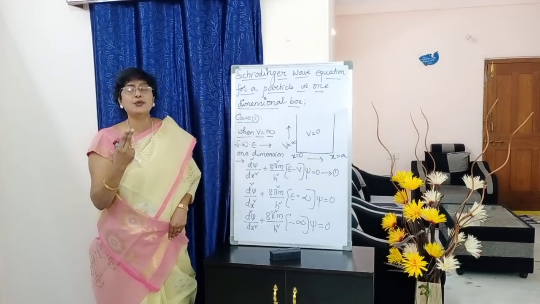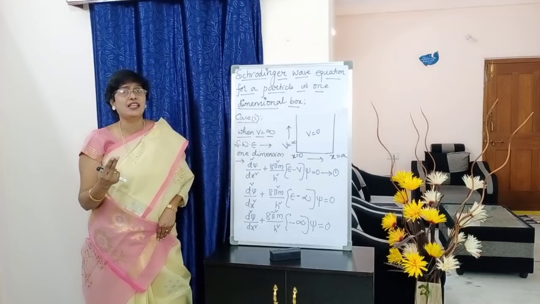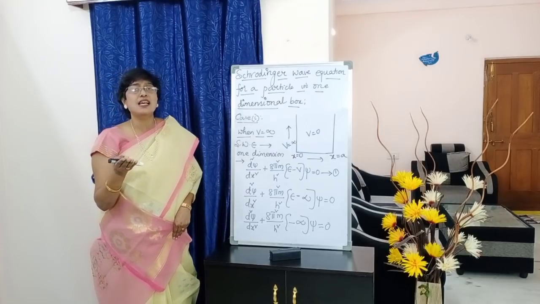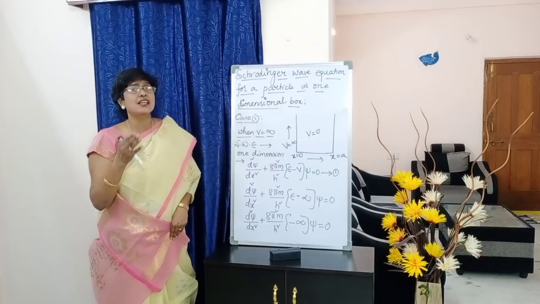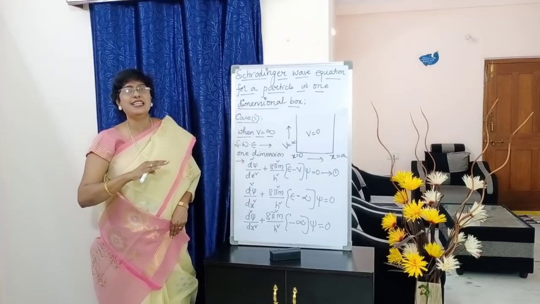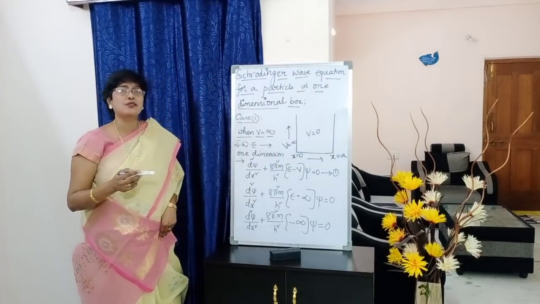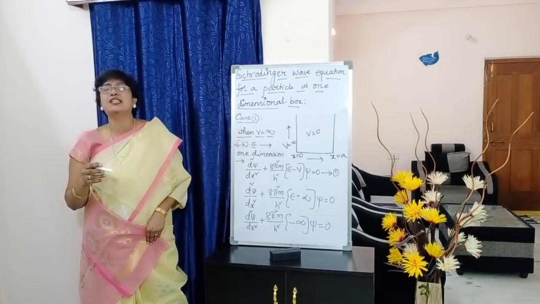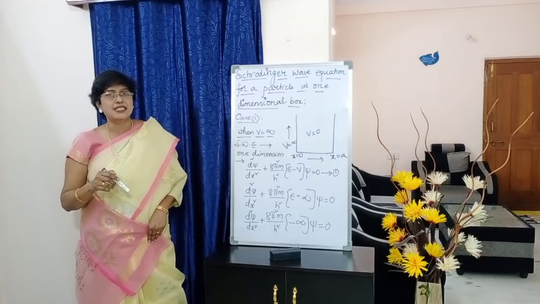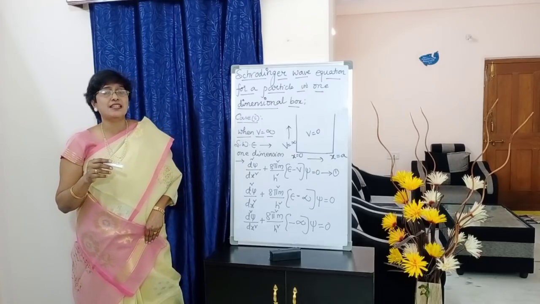So, two cases we are considering, students. One is inside the box, and the second is on the walls or outside the walls. Inside we are assuming it to be 0. Outside and on the walls we are assuming it to be infinity. Why are we assuming like that, students?